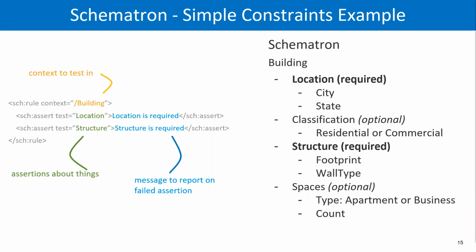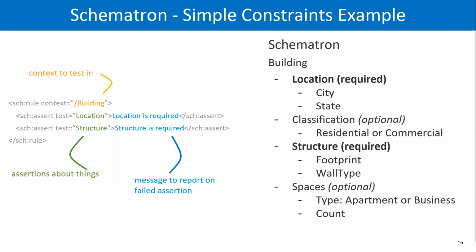In this case, we're just saying location, and it's going to be relative to the context that you provided. What Schematron will do is call bool, which is an XPath or XSLT function, on any result. In this case, it's going to call bool on the node of location, which is truthy. So it evaluates to true if it's there.